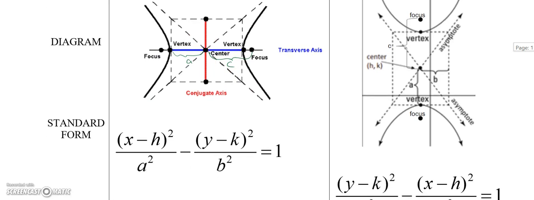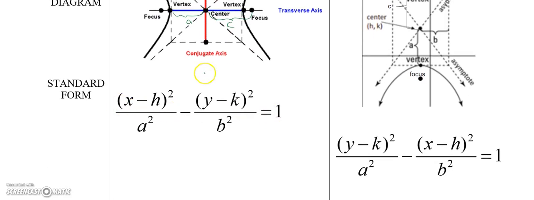When the transverse axis is horizontal, this is the equation. Notice for a hyperbola, the difference is that it's a minus. When the transverse axis is vertical here, notice that the y variable comes first. You still have the minus. So when the transverse axis is horizontal, the x comes first.